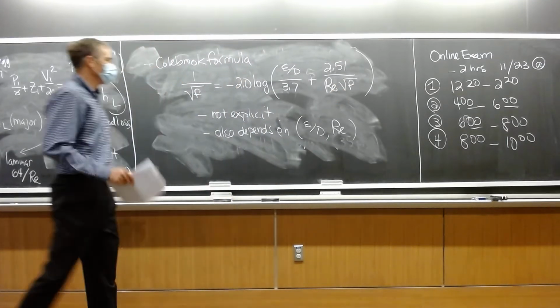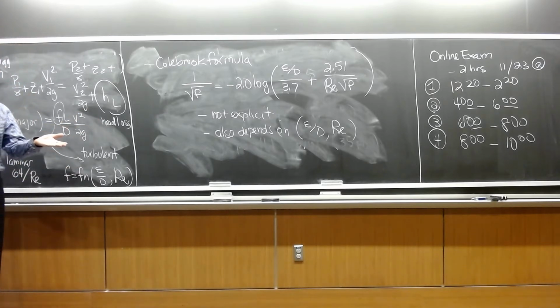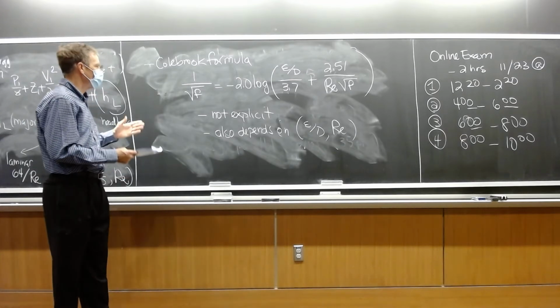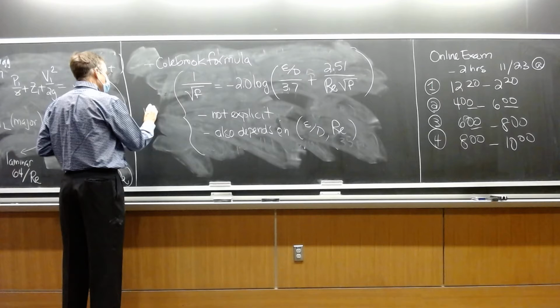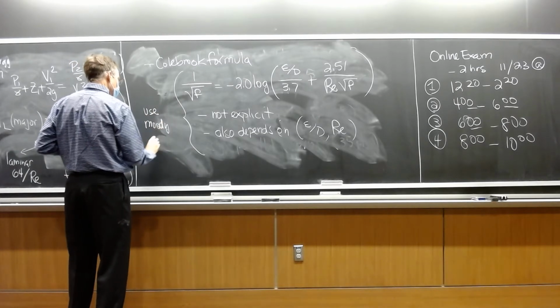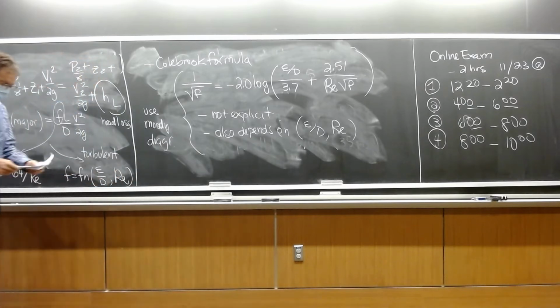So we have bounding cases when it's either hydraulically smooth or fully rough, which is simpler. But generally what we do is use the Moody diagram. All right, and that's where we are so far.